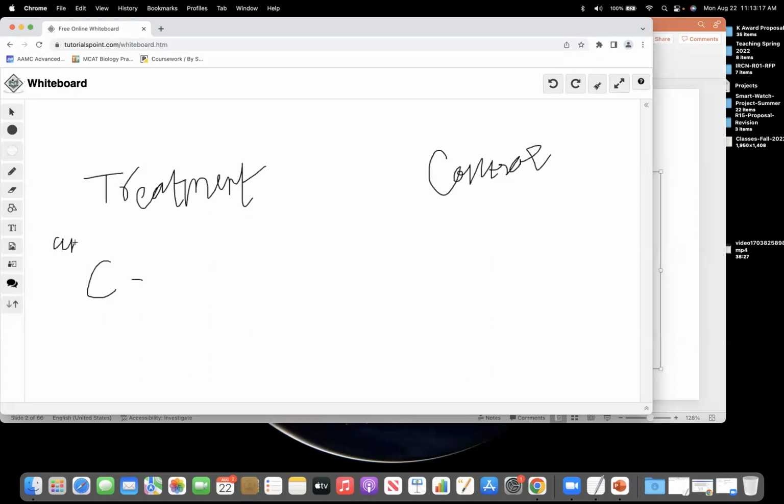A drug which will treat cancer. So it's an anti-cancer drug. And then to the control group, you just give a placebo, right? Which is just not any drug.